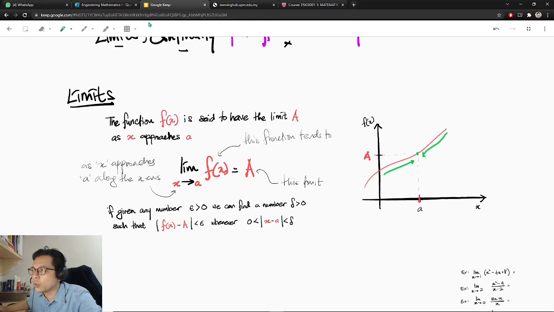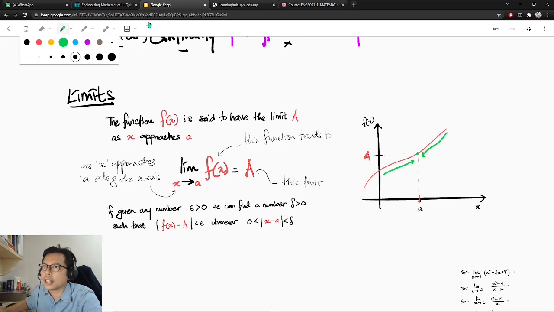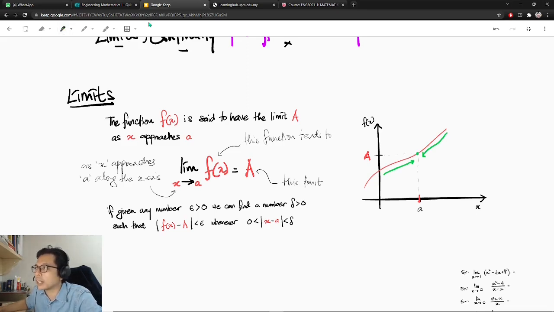You will see some really funky functions later on. For example, I showed you before this function where it goes something like this. Then I ask you, as x approaches infinity, what would f of x be?